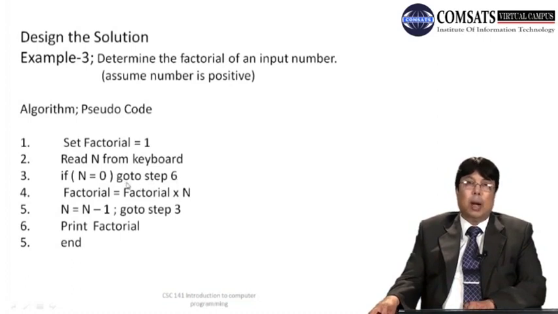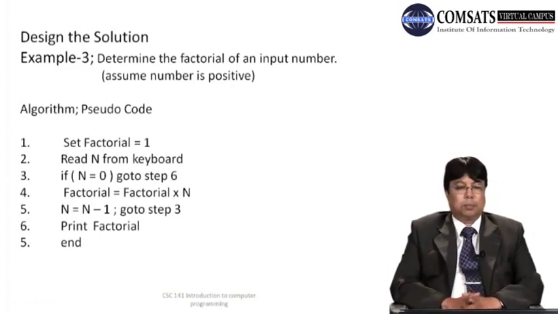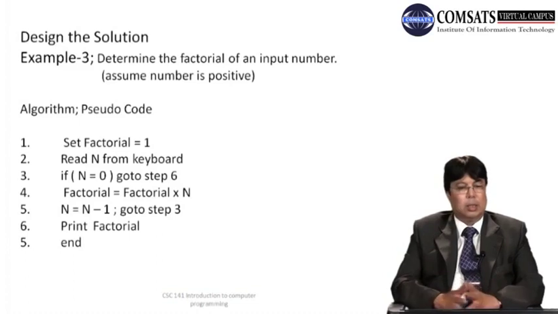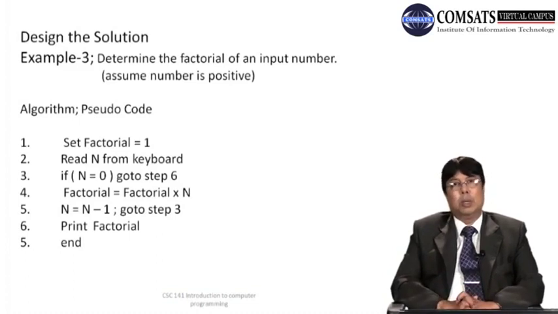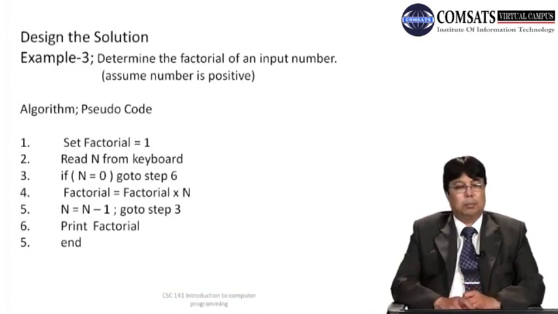But in good programming practice, we will avoid this go to, and I will explain why we should avoid this go to statement. But for developing the pseudocode, for developing the algorithm, this is perfectly alright, because it is a very simple and easy word that communicates the meaning.